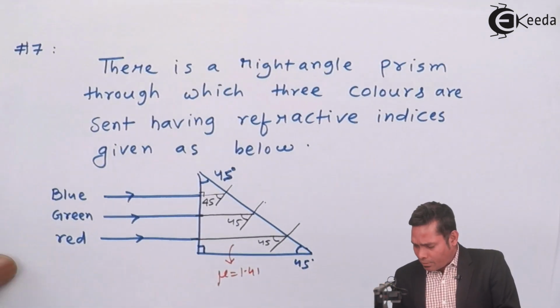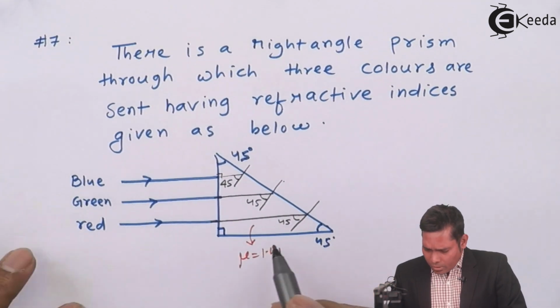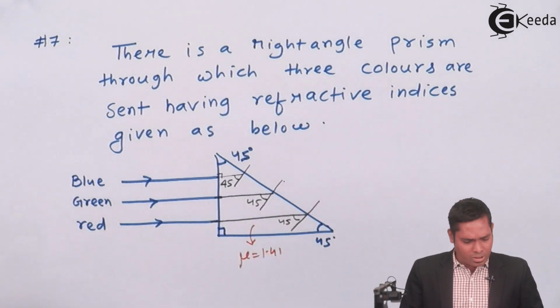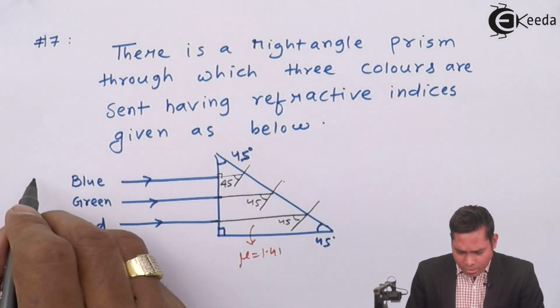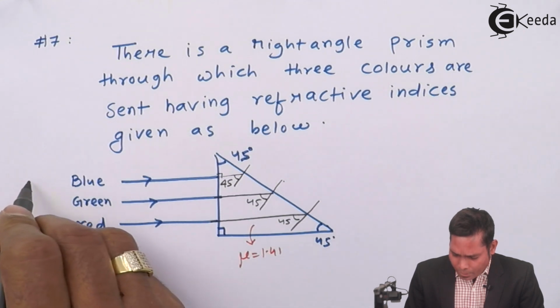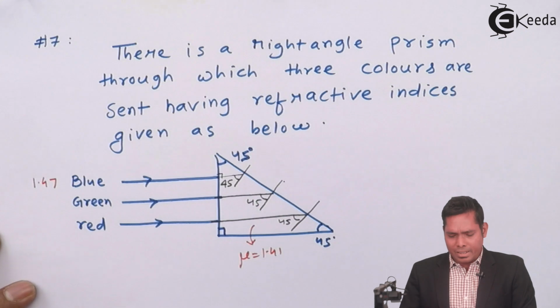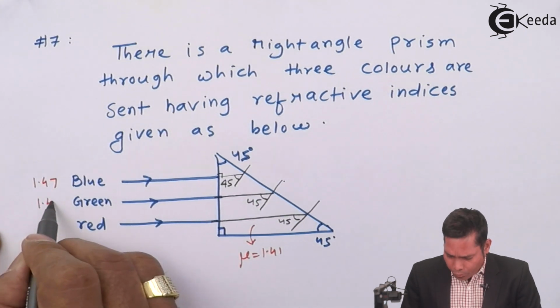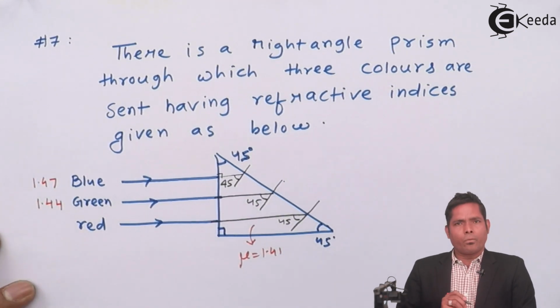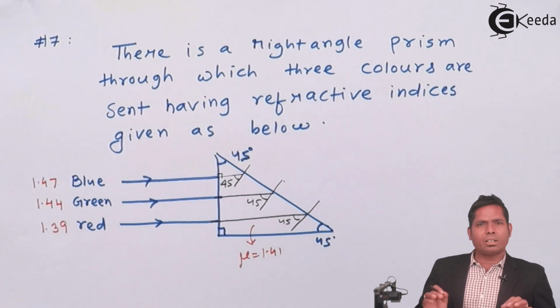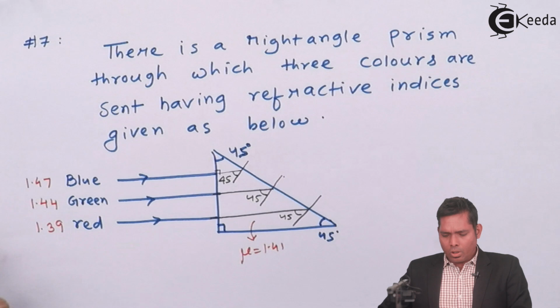So you can see the values of red, blue and green in the question. I'll write the data for you. Blue, the refractive index is given as 1.47. For green it is given as 1.44. For red it is given as 1.39. So these are the data given in the question.